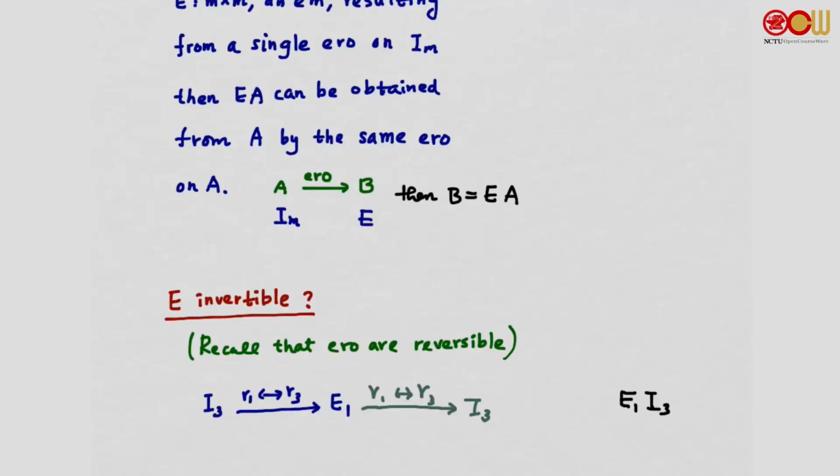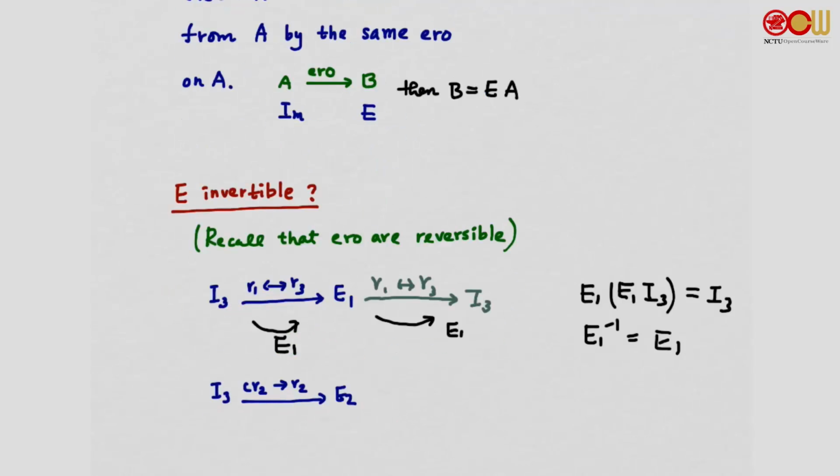And then when we apply E1 again, we get the identity matrix, right? So E1 inverse would be simply E1.